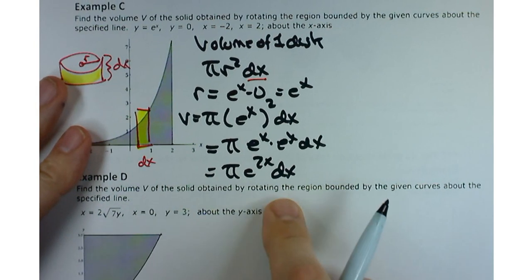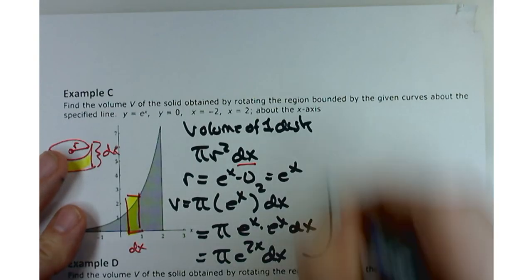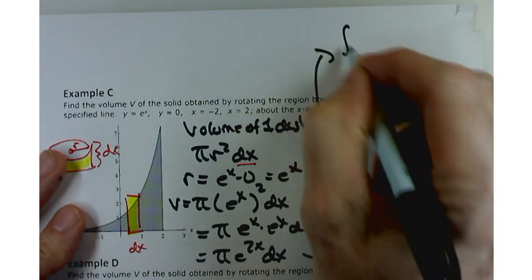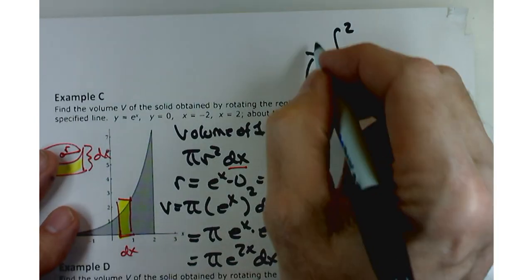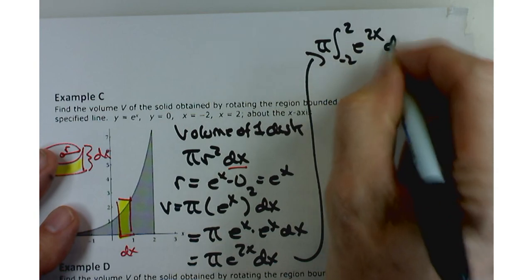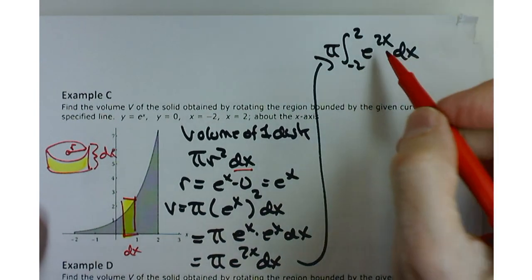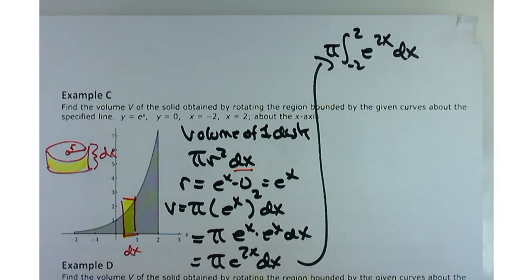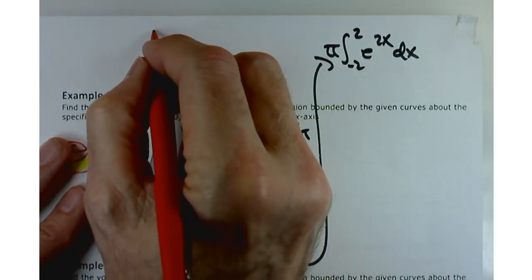As far as the integral is concerned, let's do that up here. It's going to be the integral from -2 to 2. I'm going to pull out the pi, e to the 2x dx. Some of you might get good at this, and that's great. You can see the antiderivative. If you can't, then we're going to need to do a little u substitution.